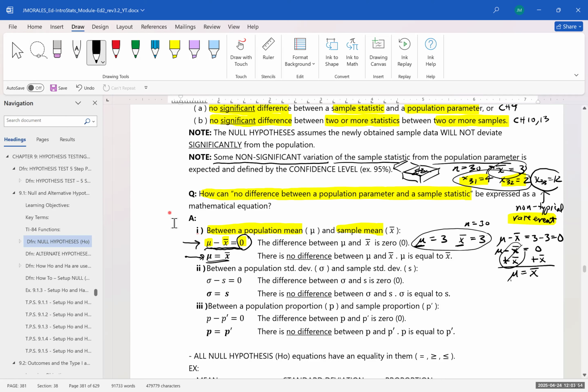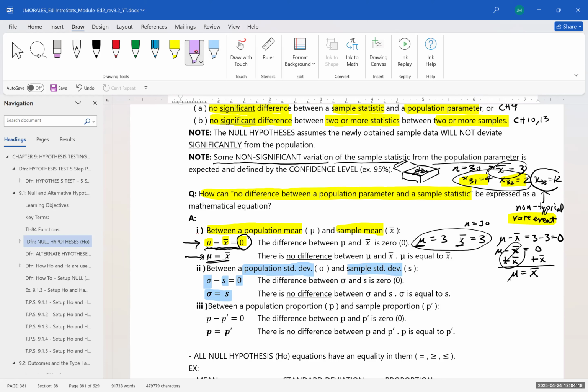We can do the same thing, not just with means, but between standard deviations. We could say that the difference between the population standard deviation and the sample standard deviation is 0, or they're equal to each other. There's no difference.